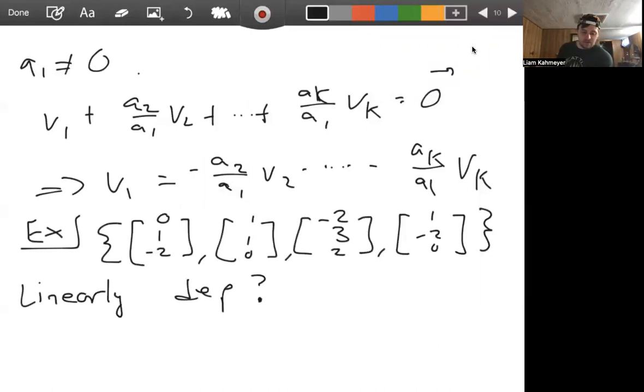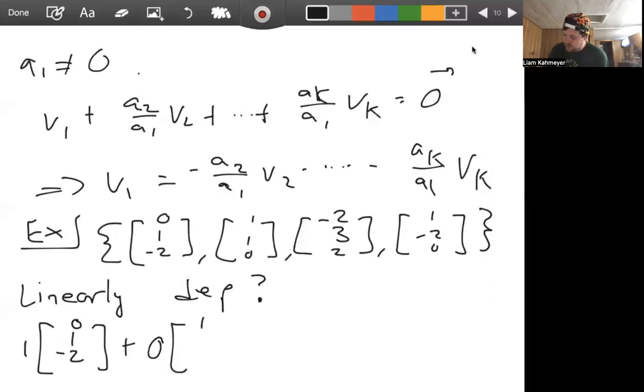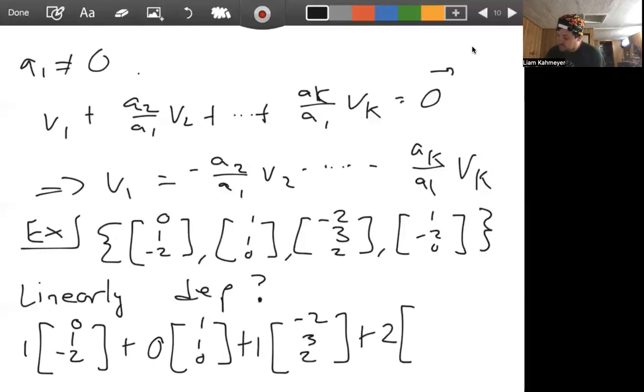We want to ask, is this linearly dependent? To see if it's linearly dependent, we need to make a linear combination of these that gives the 0 vector without every coefficient being 0. You can obtain this if you take one copy of (0, 1, -2) plus 0 times (1, 1, 0) plus 1 copy of (-2, 3, 2) plus 2 copies of (1, -2, 0).